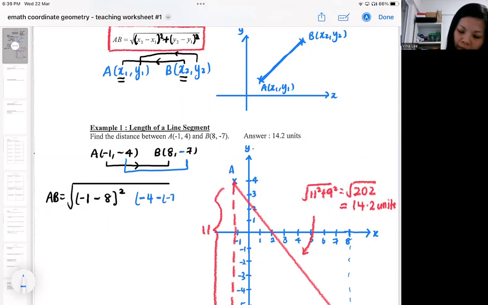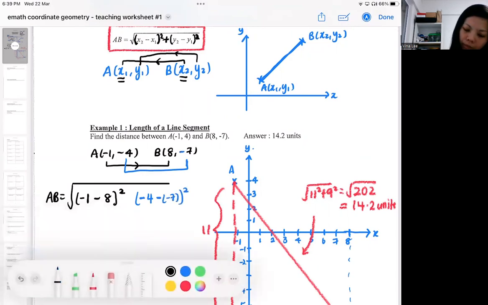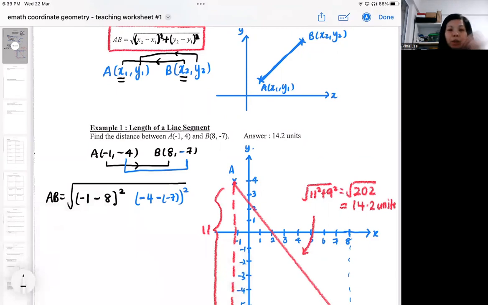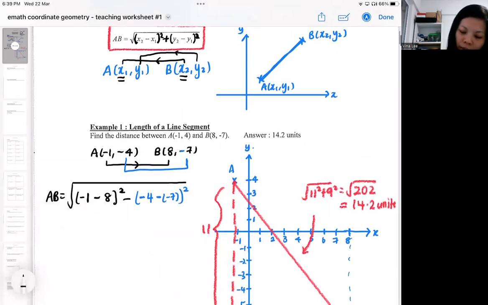So it's a -7. So you are subtracting the two y coordinate and then you're going to add them up. Okay, why are you adding them up? Because remember Pythagoras theorem is a squared plus b squared. So that's exactly what we're doing. So from here, you will get a -9 squared.